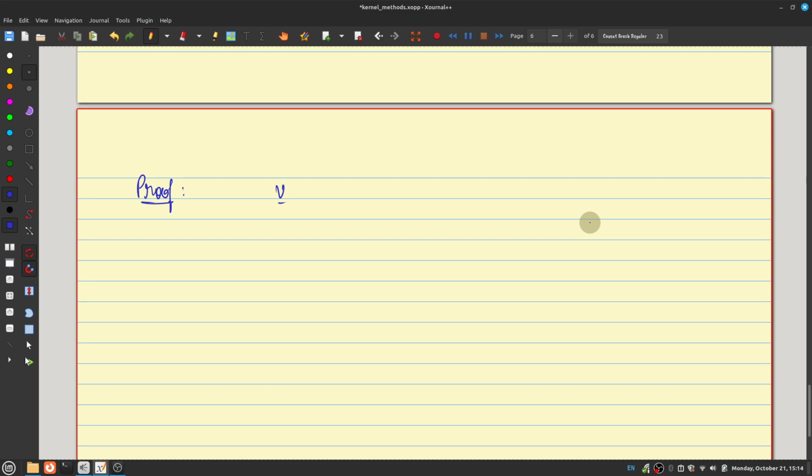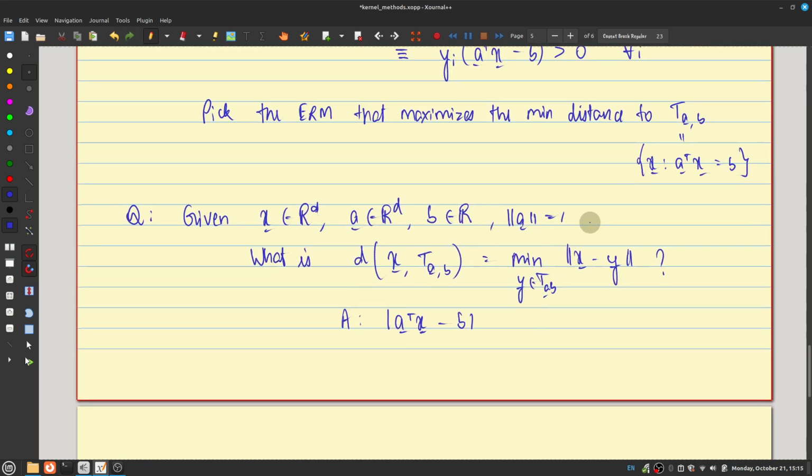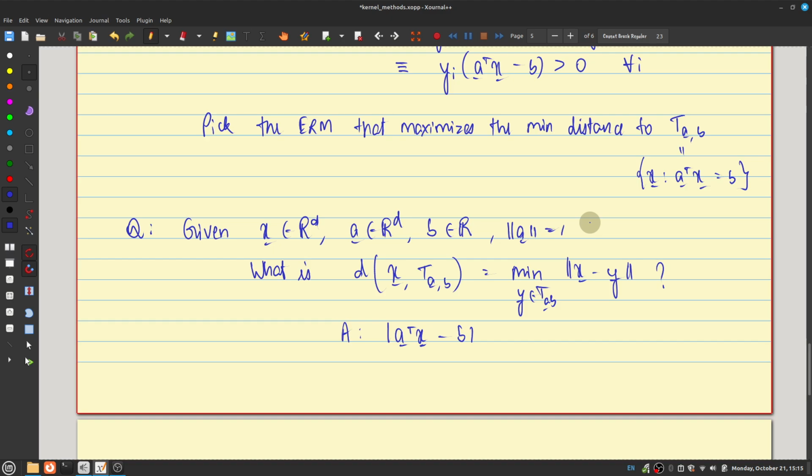Between X and the set. We're dealing with Rd and the two norm. Yes, but from that notion we are defining the distance between X and a set. So this is a distance between a point and a set.